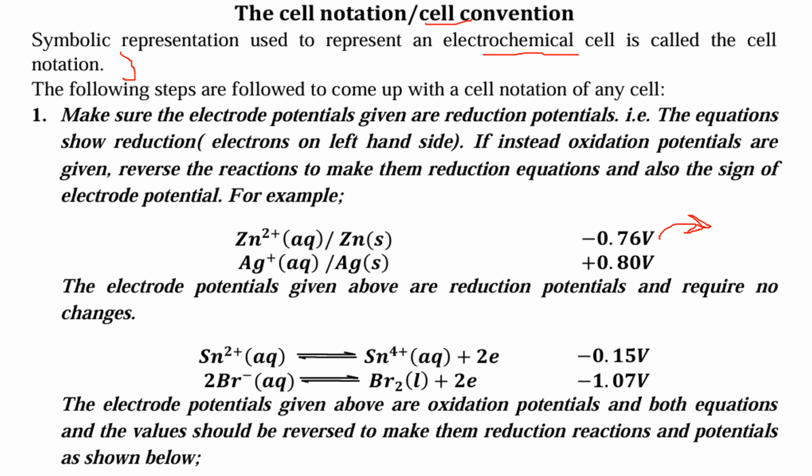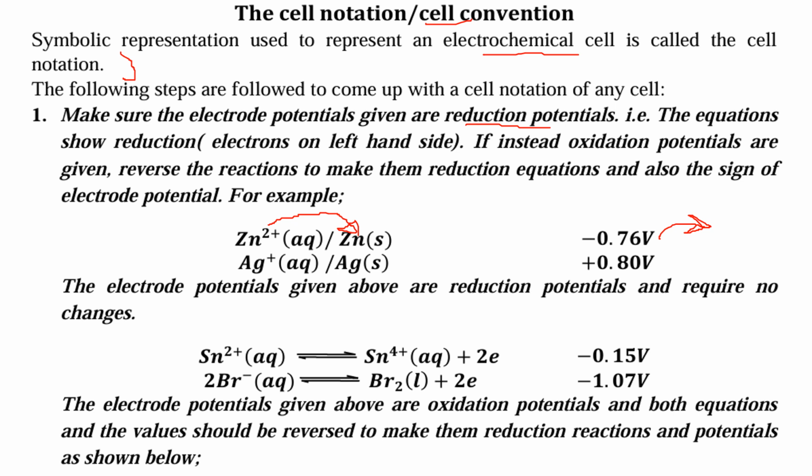So take some notes here: make sure that the given electrode potentials are reduction potentials. In other words, make sure that the oxidation states are decreasing as you go to your right-hand side. If the equations are altered, we are going to look at that, and you're going to see how you can handle that.